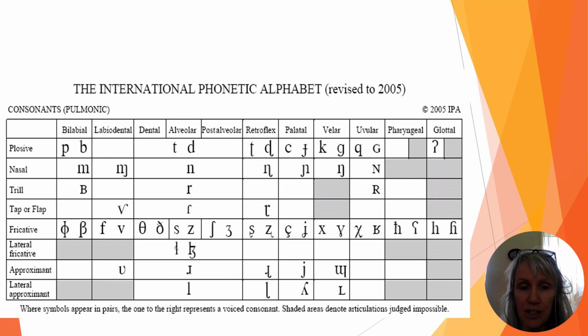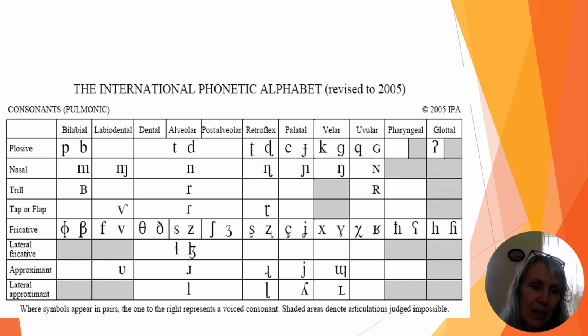Retroflex means flexion that occurs after the fact. Palatal, meaning I'm using the palate of my mouth. Velar and uvular, referring to the uvula at the back of the throat that looks like the little punching bag. Pharyngeal, meaning throat movements. Glottal, meaning tongue movements.